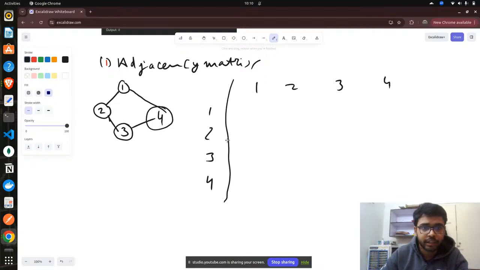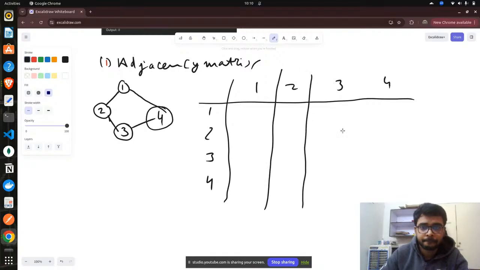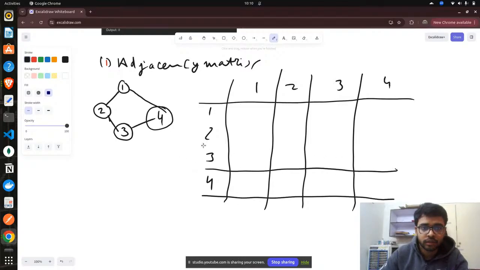So we will create a matrix, and if there is a link between 1 and 2, there is an edge between 1 and 2, we will mark here 1.